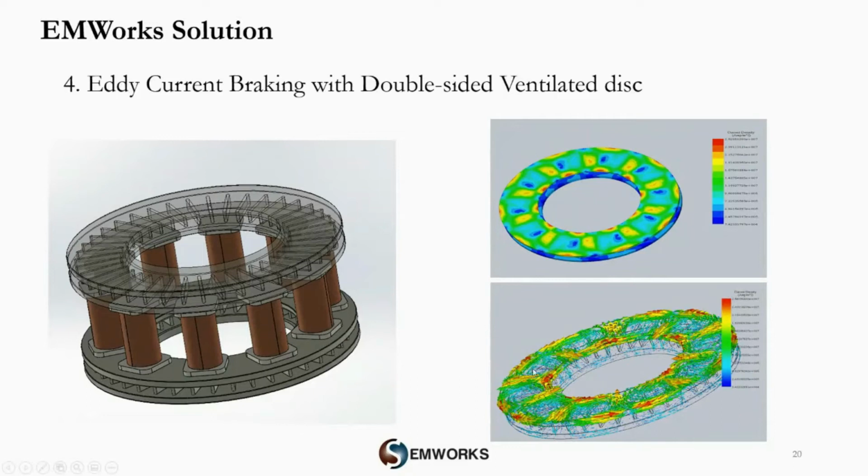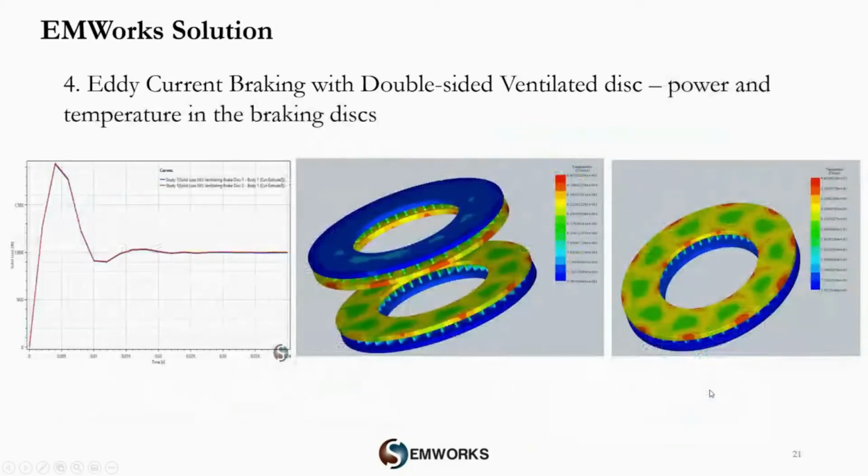Showing you again the current density. These are some plots of temperature because, as I'm going to show you later in the live demo, there is coupling between magnetic and thermal.